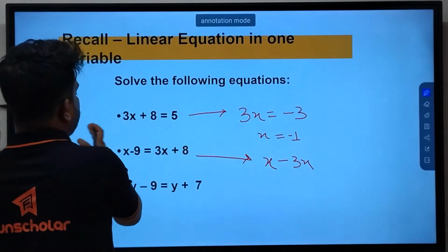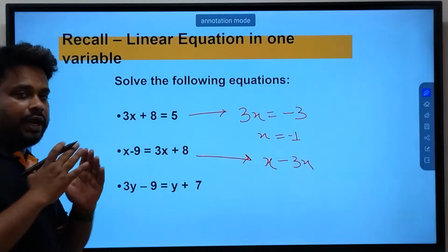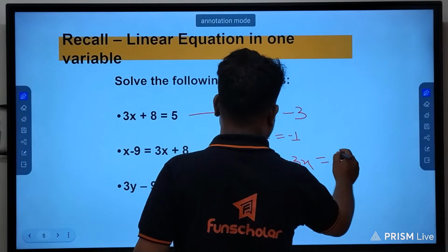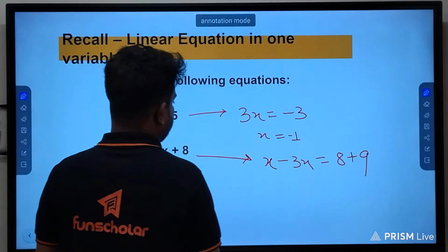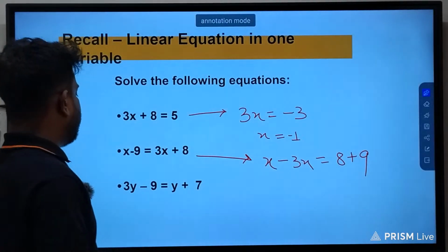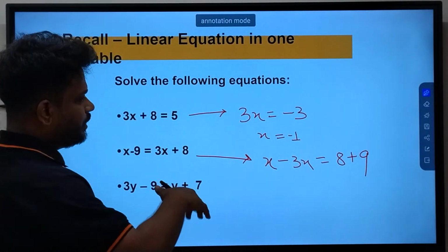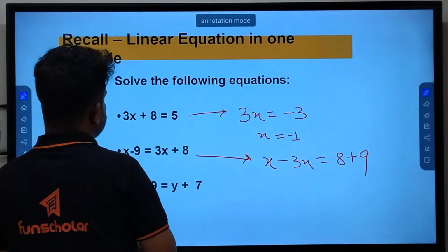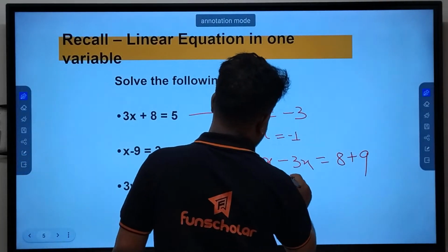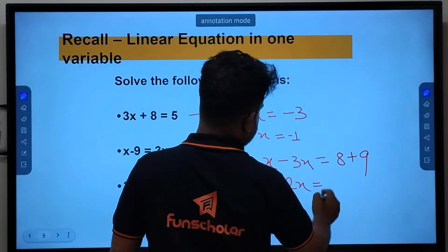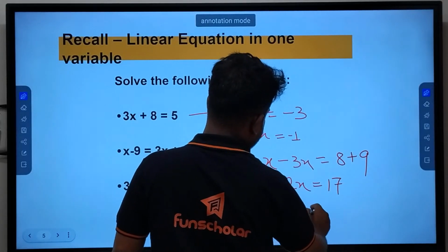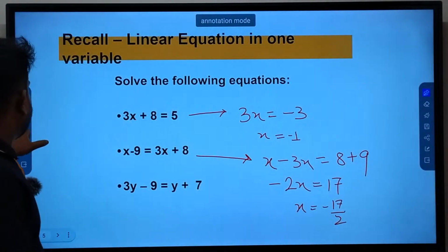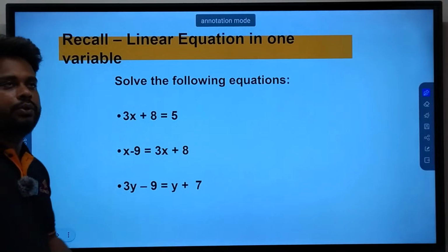If I keep all the variables on one side and all the other numbers on the other side, it will look like this. Minus 9 will be plus 9 on the opposite side, and minus 3x will become plus 3x on the opposite side. So it will be minus 2x equals 17. So x's value will be minus 17 by 2, right? Okay, done. And the third one you can do yourself.